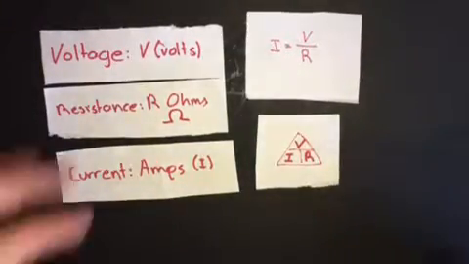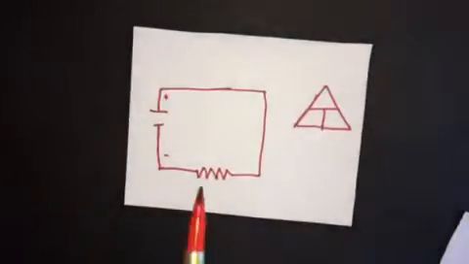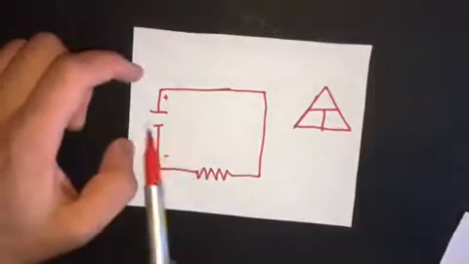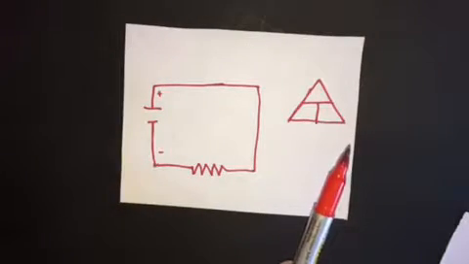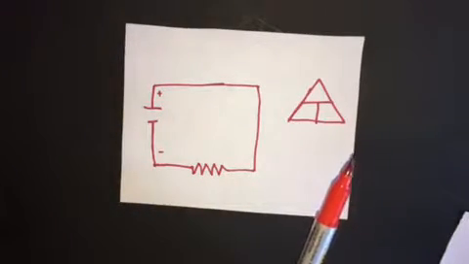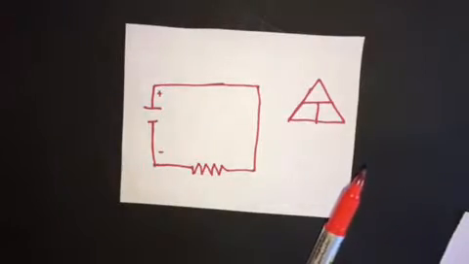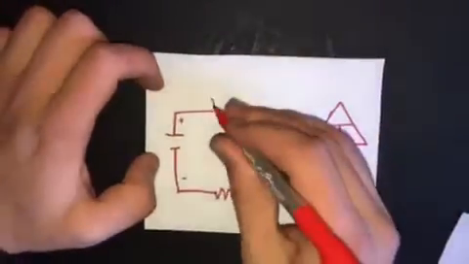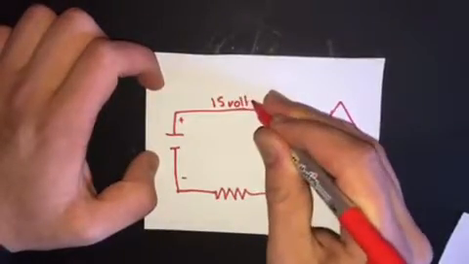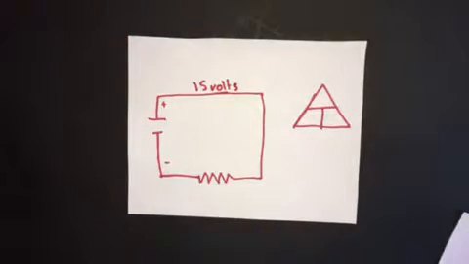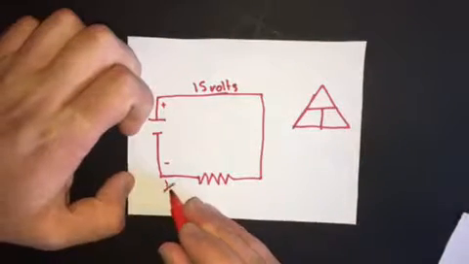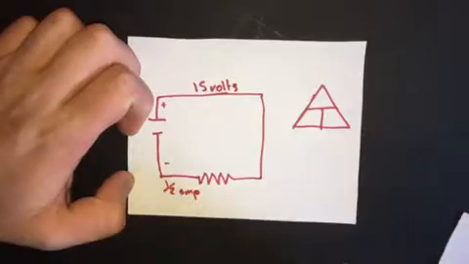So I'm going to do a little example here. We're going to have a very simple circuit. This is the battery, this is going to be the resistor, and here we have our little triangle that we're going to use. We're going to imagine that there's 15 volts of energy going out of the battery, and we want to get half an amp of current coming out.